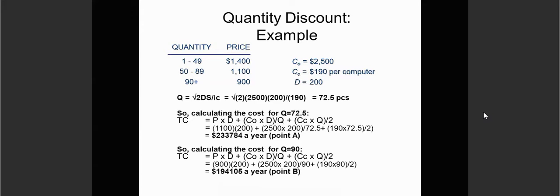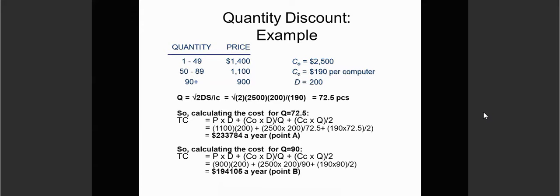Based on the data that we have, the optimum order quantity is 72.5 units, which results from the square root of 2 multiplied by demand multiplied by the ordering cost, divided by the carrying cost. So we have 72.5 units as the optimum order quantity.